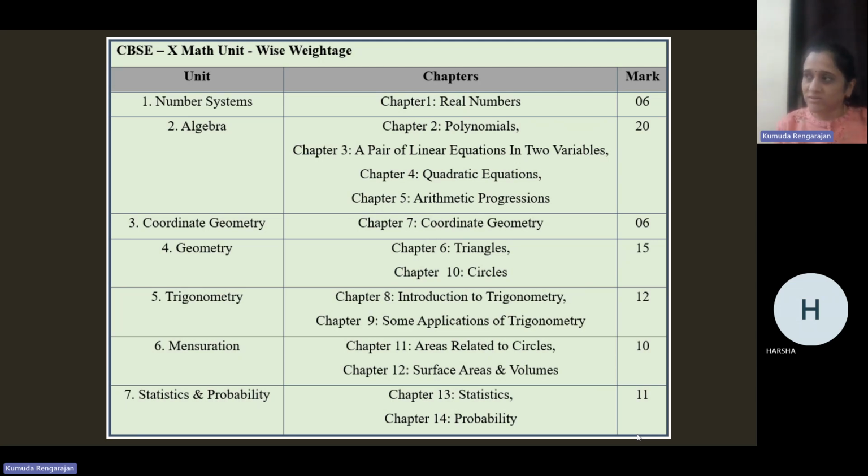Mostly 18 to 20 is normally awarded. The rest 80 is based on your preparation for the board exam. So 6 marks out of 80 is from real numbers.